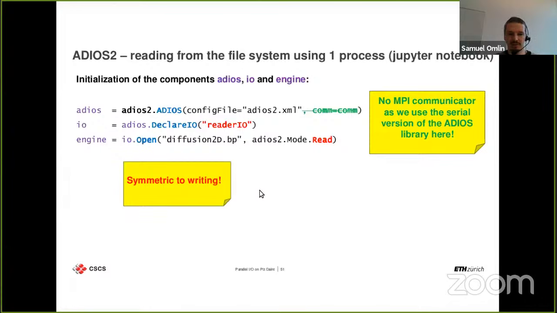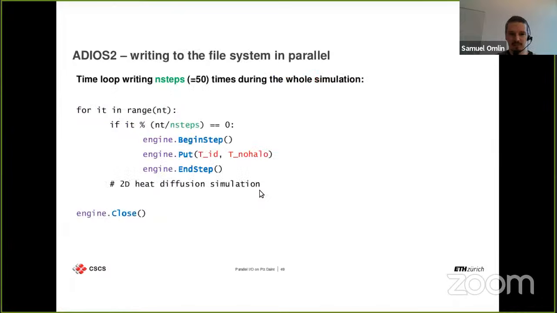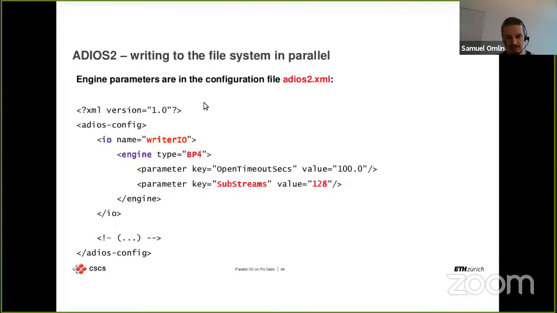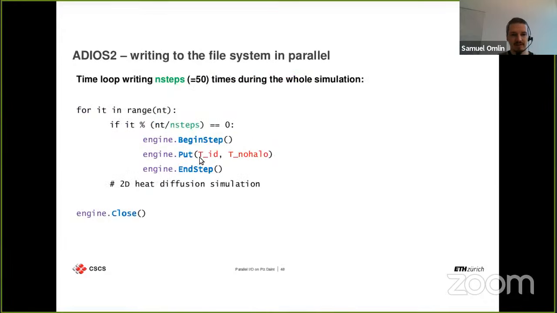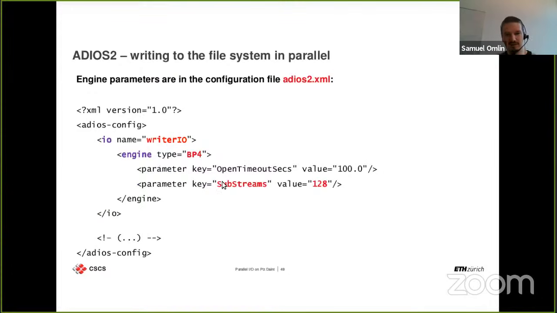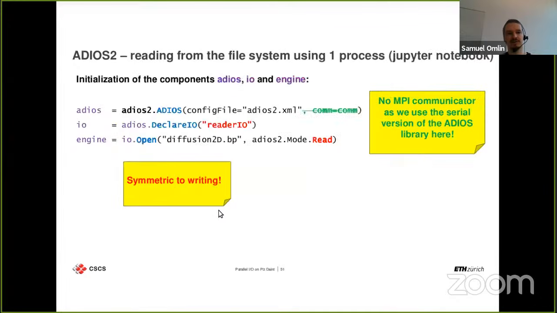All right, so we saw basically the 3 components of writing. We had the initialization, the declaration of the steps, what we do, and the configuration file. Now we have the same 3 things for reading as well.